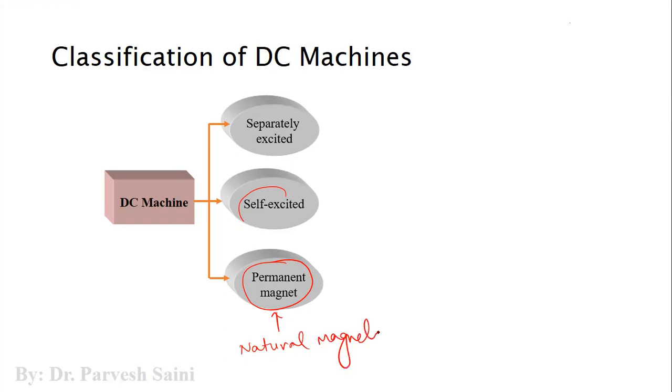So by using natural magnets, we get the magnetic field or magnetic flux, right? And you will find such machines in small toys, electronic toys, like cars, robots, all that. So you can see these types of DC motors specifically in toys, right?